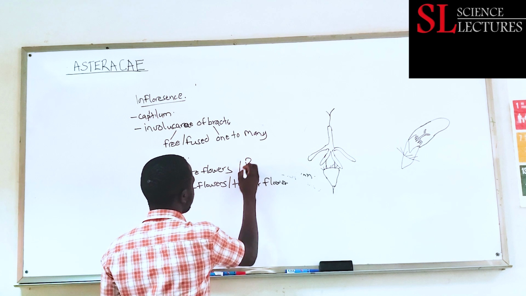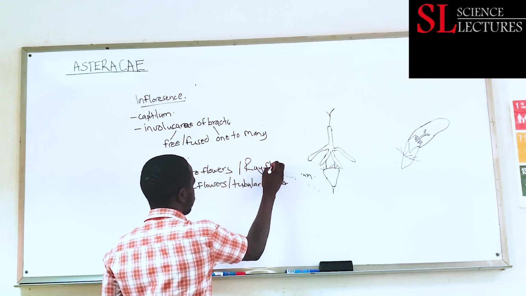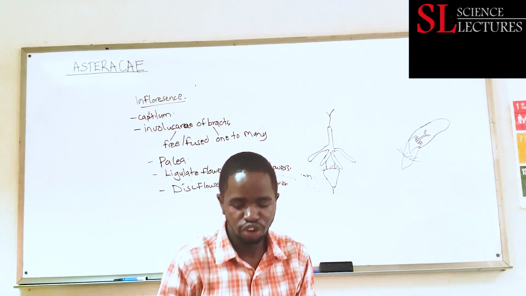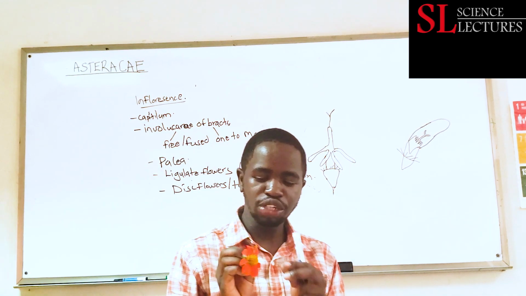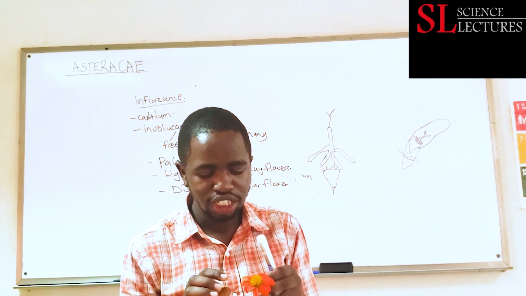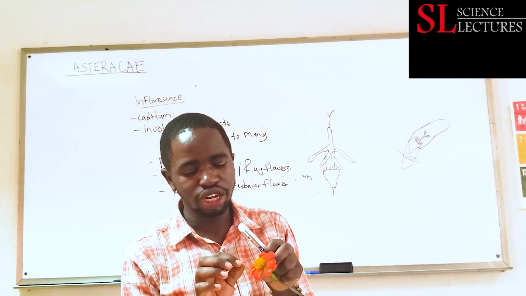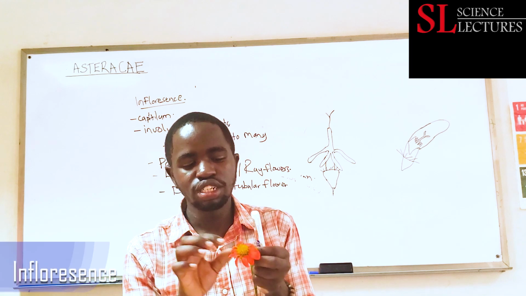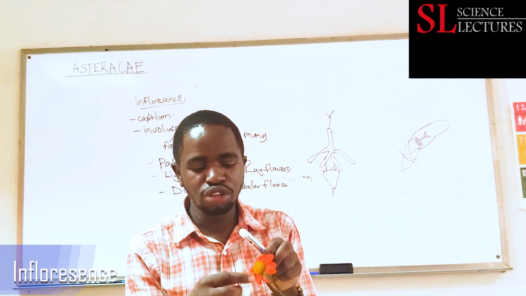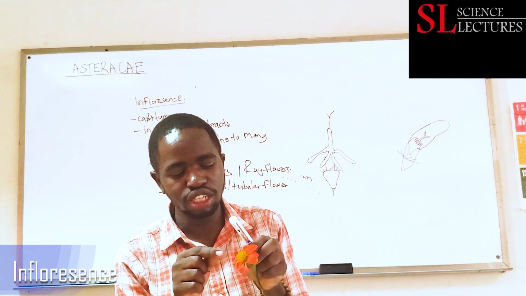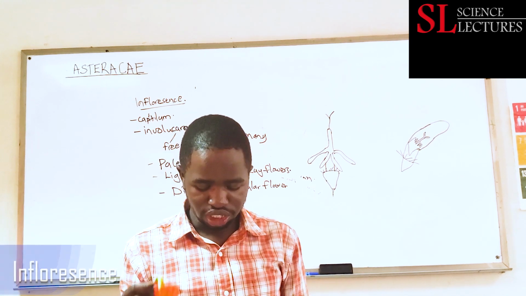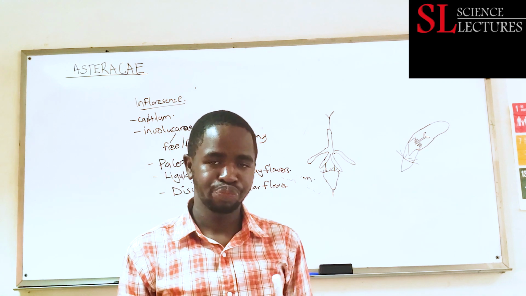The ligulate ones are also called ray flowers, or sometimes ray florets. So we come back to our flower. These that look like wings are ligulate flowers, and these that look like tubes are the disc flowers or the tubular flowers. And we are going to see how they arrive at their names.